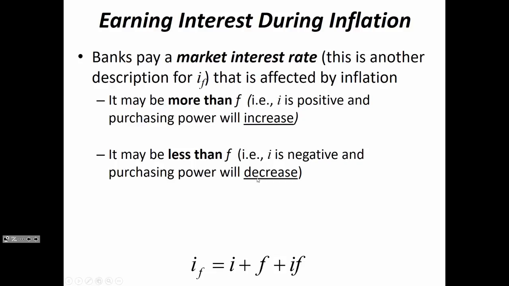We're going to look at such an example today where, in this formula, you are going to be solving for I, and the I that you'll calculate will have to be negative in order to get the market interest rate equal to the right-hand side of the expression, which also accounts for inflation.